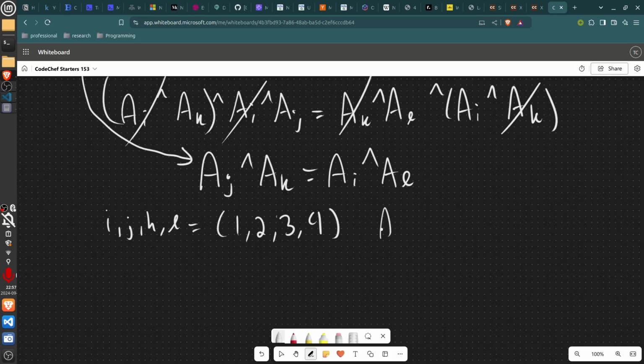So if A1 XOR A2 is equal to A3 XOR A4, it guarantees, like we did above, that the XOR of A2 and A3 will be equal to A1 and A4. Just by doing some arithmetic, you can get there, the same as above. Hopefully that makes sense.